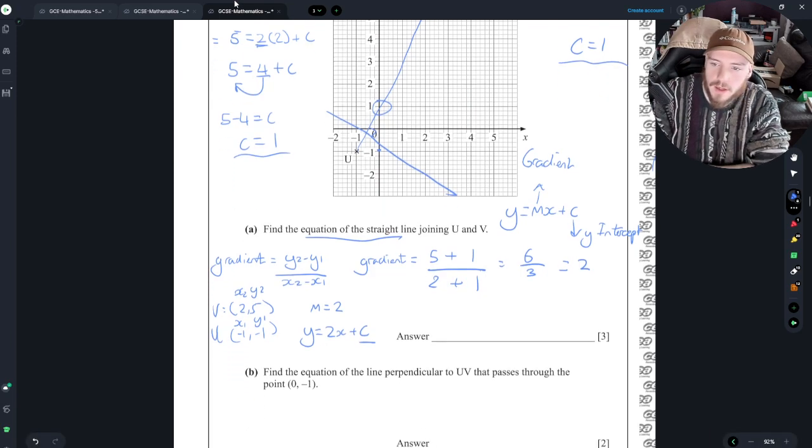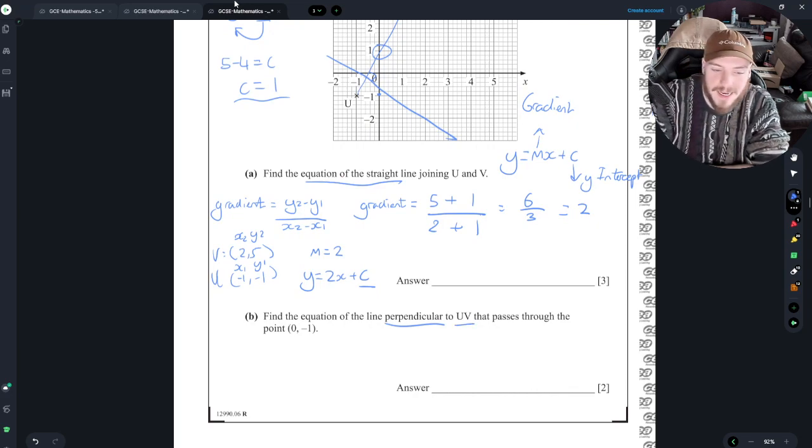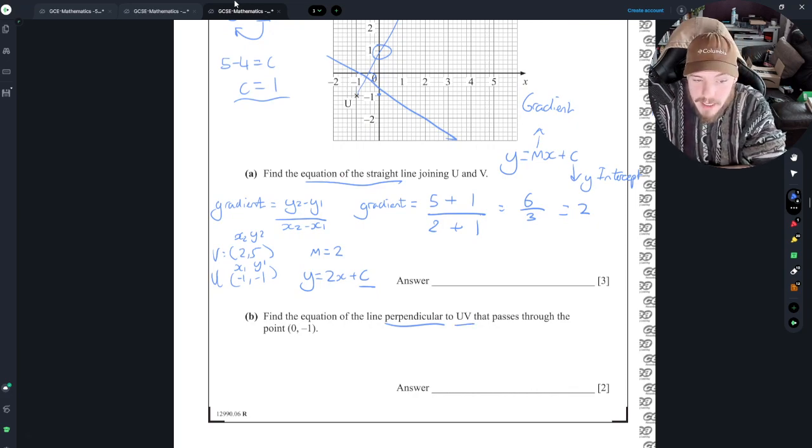When it says that it's perpendicular to our UV line, what that actually means is our gradient is going to be what's called the negative reciprocal.